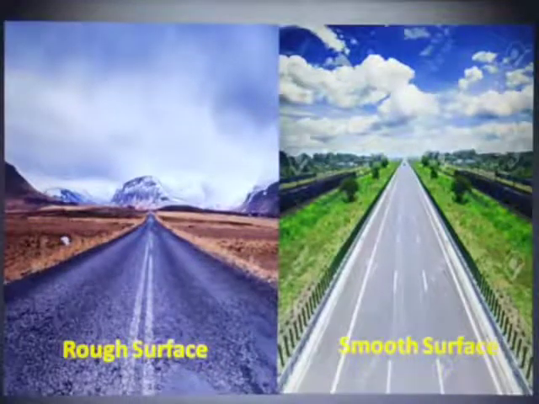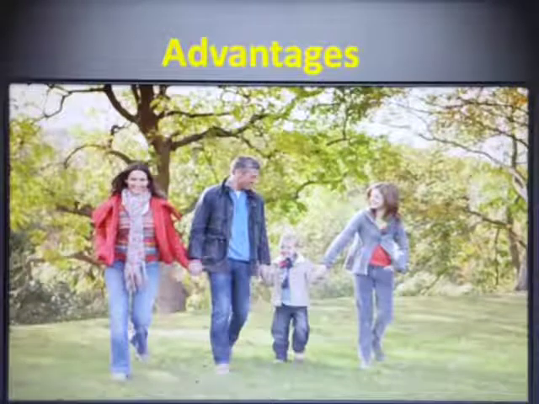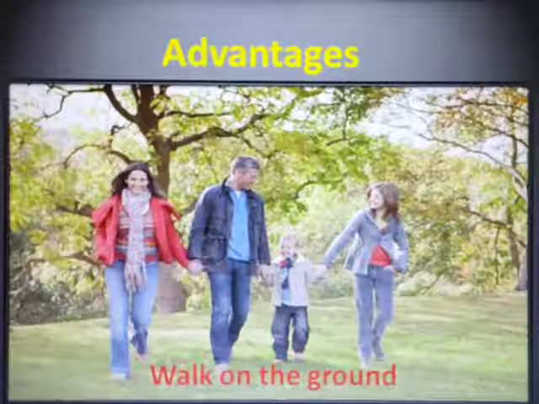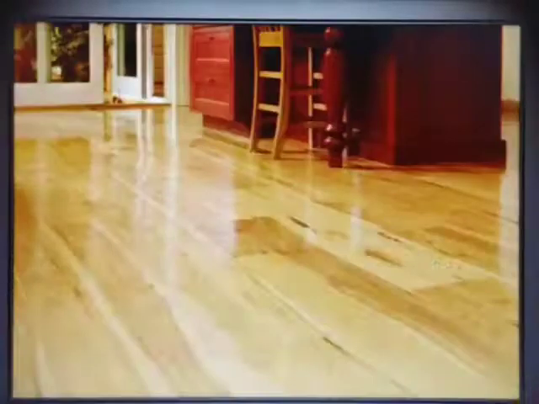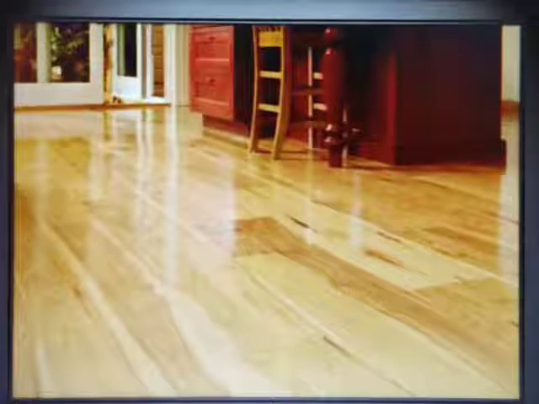Now we will discuss the advantages of friction. First one is, due to friction, we are able to walk on the ground. You know how difficult it is to walk on a slippery ground where friction is much less.